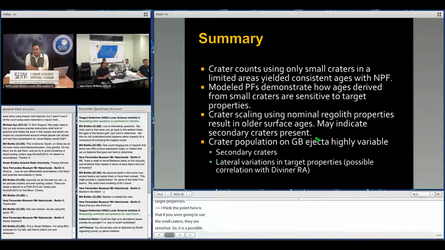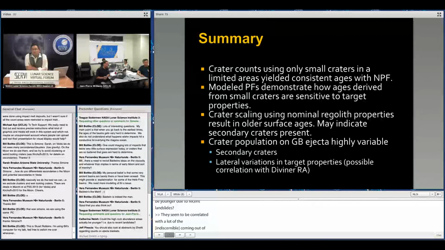Yep, absolutely. Catherine Niche writes in, could the high rock abundance areas actually be younger, i.e. due to recent landslides? They seem to be correlated with a lot of the rays coming out of Giordano Bruno, so I think they're related to where rays are preferentially ejecting large blocks of material.